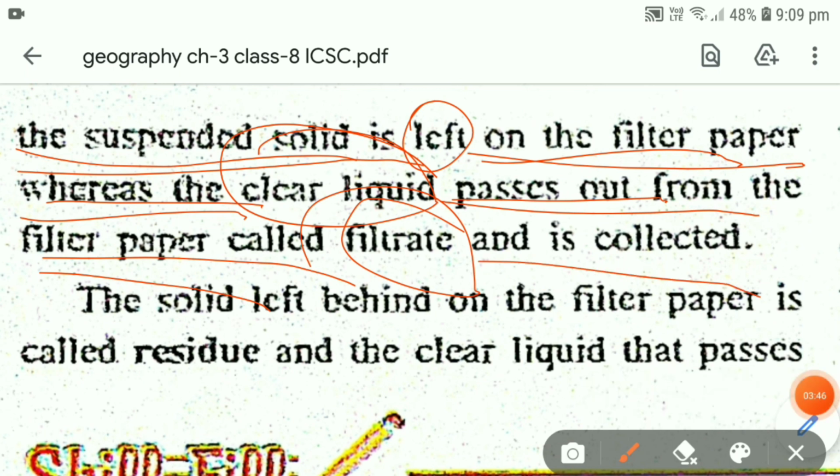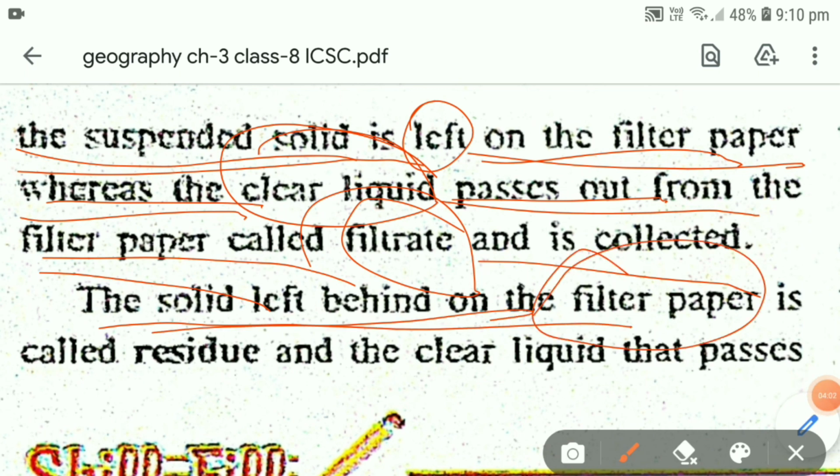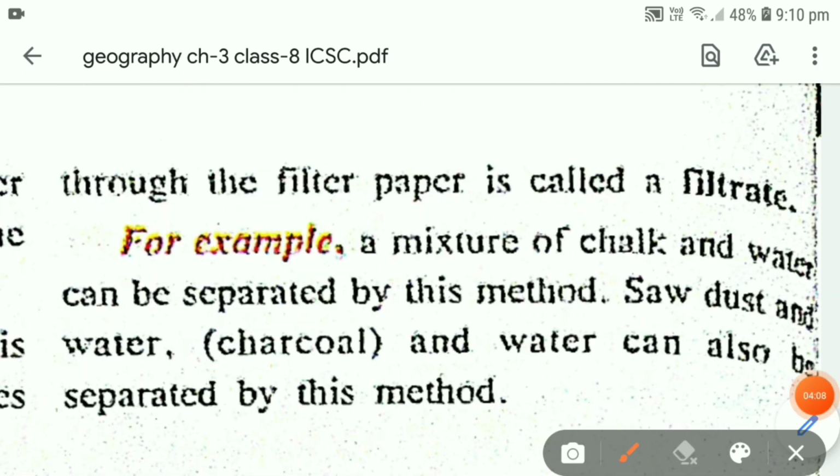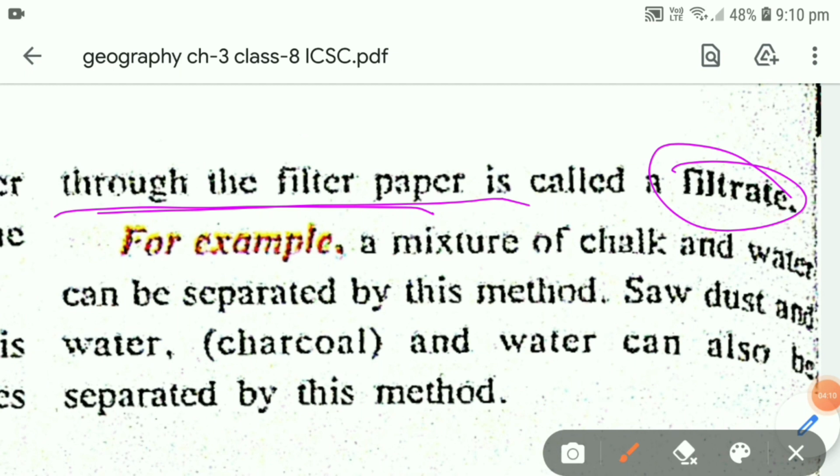If you take a mixture of sand and water and filter this with a filter paper, the sand will remain in the filter paper whereas the water will be collected. The solid left behind on the filter paper is called the residue. Remember the name. And the clear water that passes through the filter paper is called the filtrate.